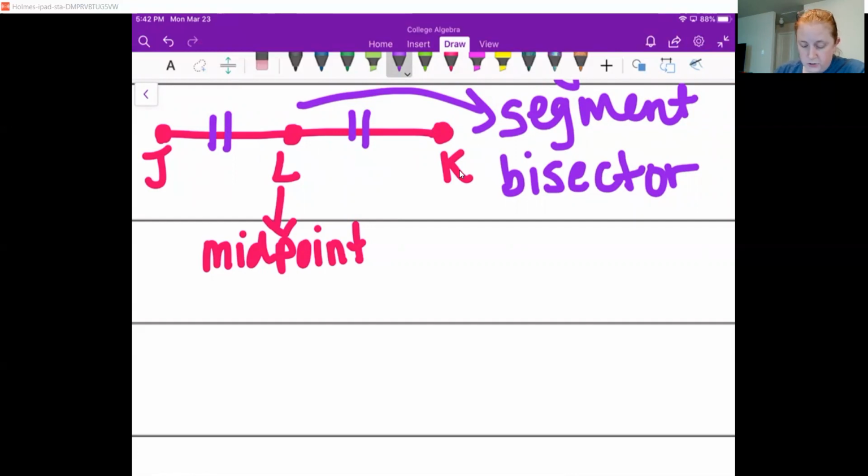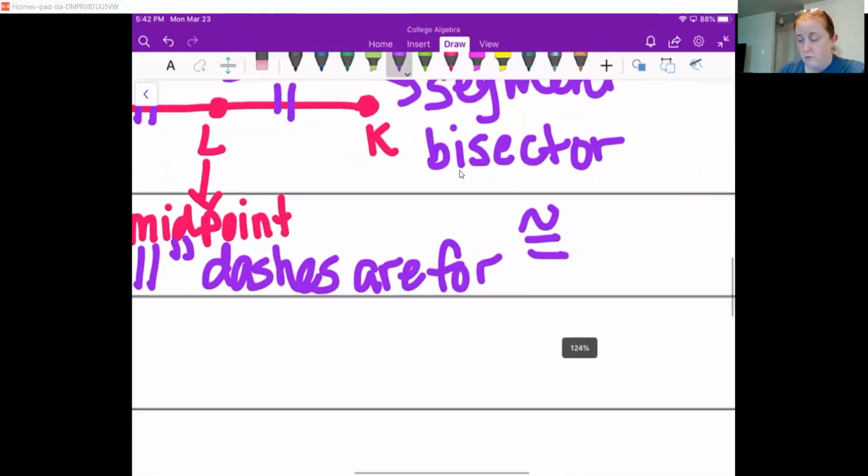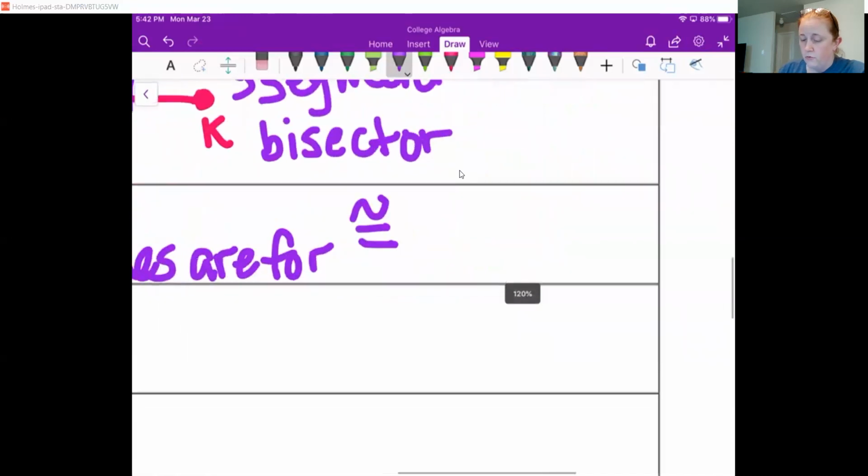So those dashes are for congruence. And that is our symbol for congruent. If you remember that from geometry, that is our symbol for congruent.